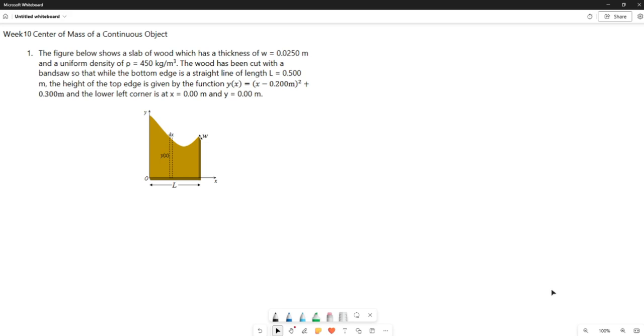So under that assumption, if we're looking at mass density, we want to look at what the mass is at any point within the object. Then we can imagine some solid object, say some cube or rectangle.